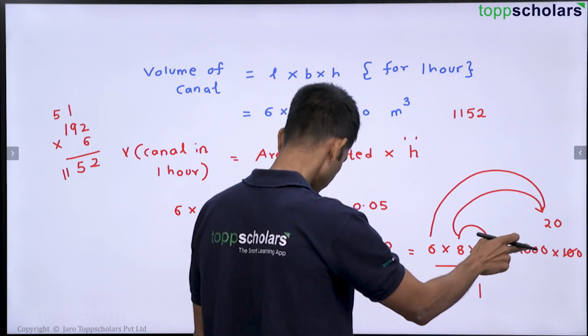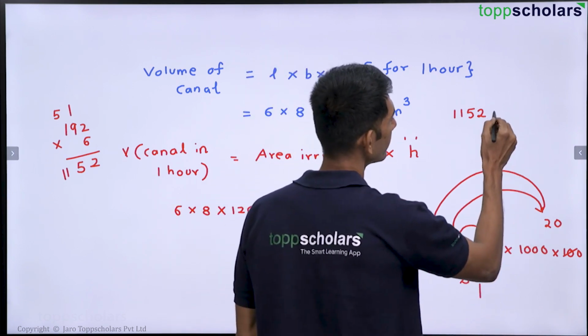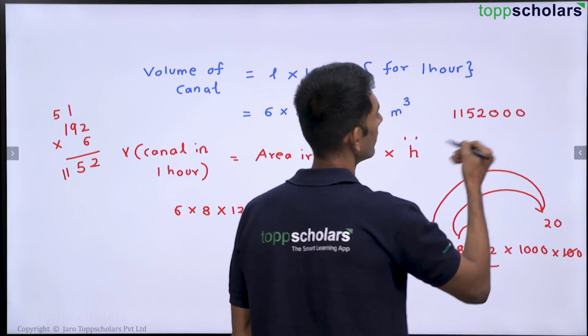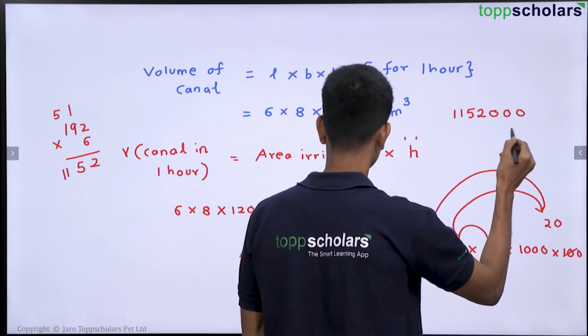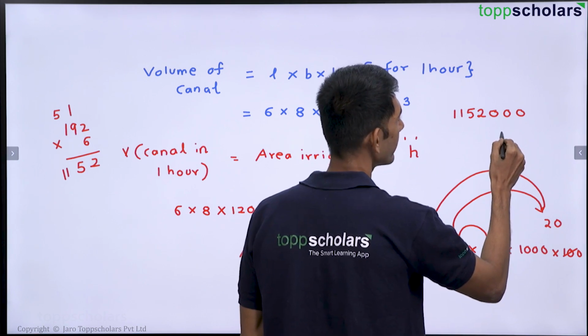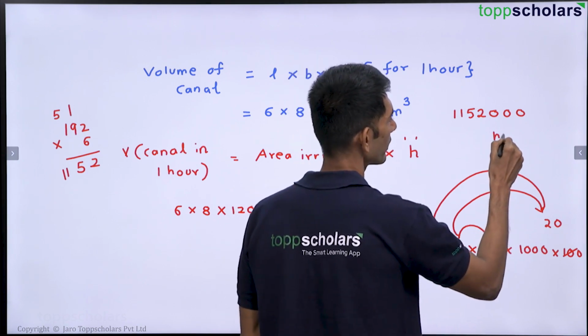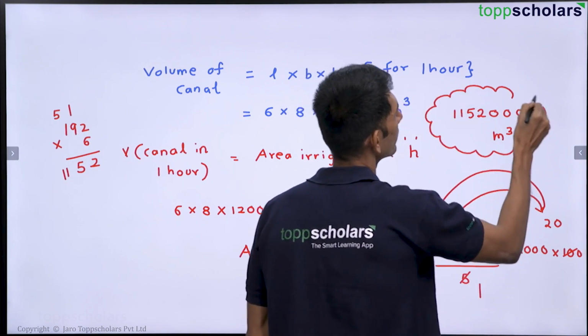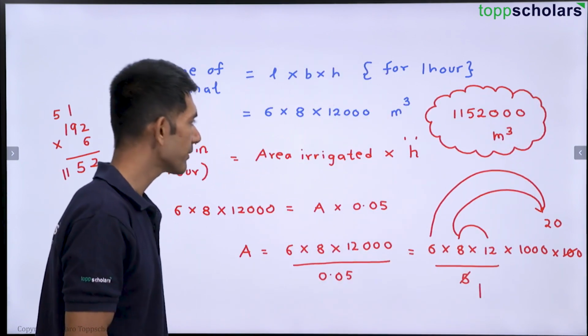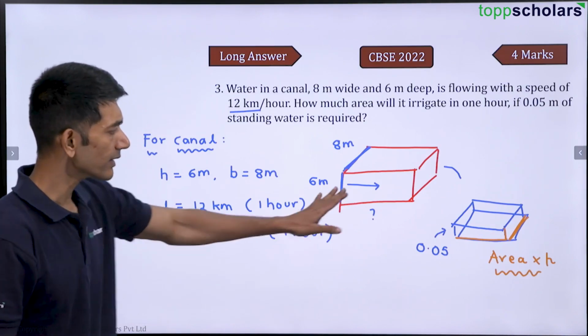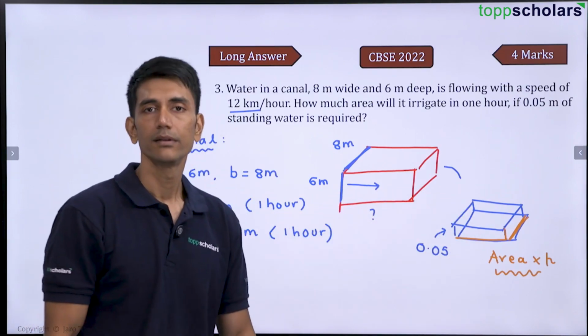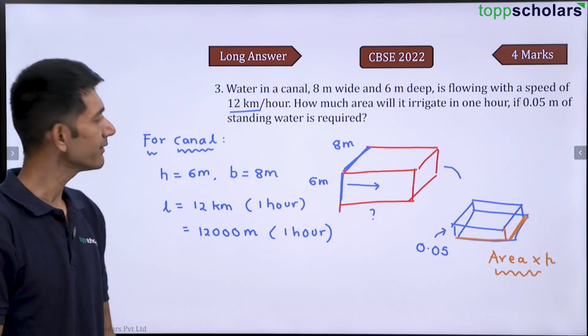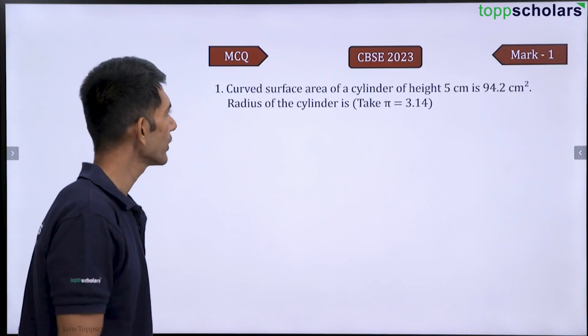And then you have 3 zeros here, and that gives you the final answer. So that is your area irrigated. It is in meters, so meter cube. So this is the area irrigated by the canal over here. I hope you have understood this question. Easy? Perfect. Let's continue.